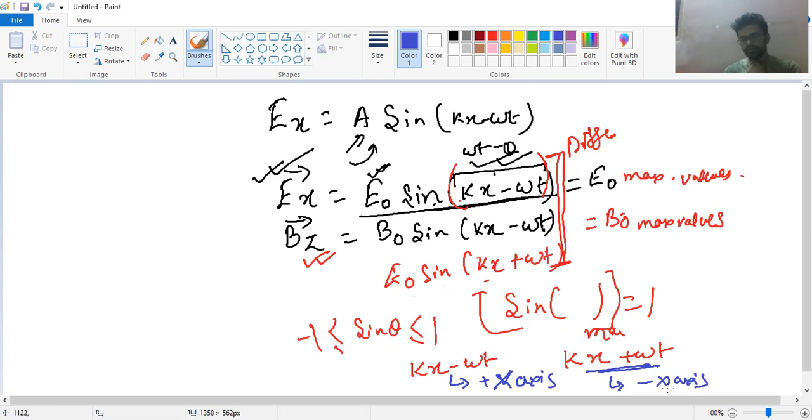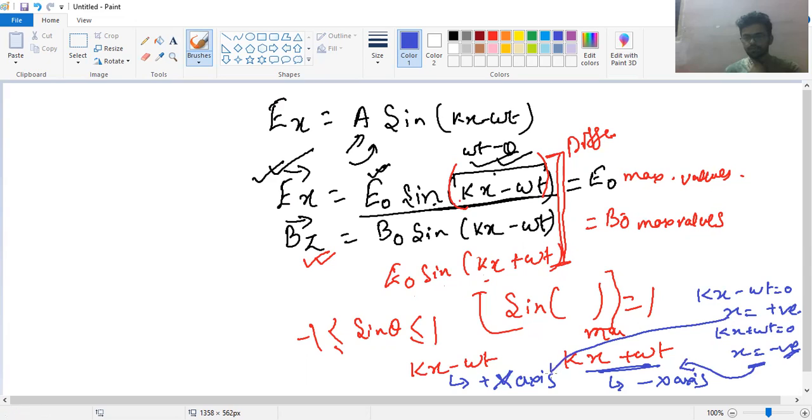How? Look, if you do kx minus omega t equals 0, then x will come out to be positive, right? And if you do kx plus omega t equals 0, then x will come out to be negative, right? So if x is negative, then it is propagating along the negative x-axis, and if x is positive, it is propagating along the positive x-axis. Correct? Understood?